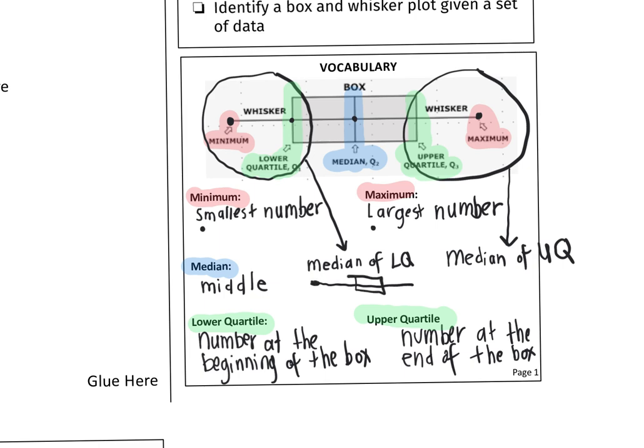So if you have something like this, and they ask for the median of the lower quartile, maybe this is 1, 2, 3, 4. If I had to find the median, it would be these two middle numbers. So I'd add them up and divide by 2, and I'd end up with 2.5. Okay, that's what we mean by median of the lower quartile. We would do the same thing if we needed to find the median of the upper quartile.